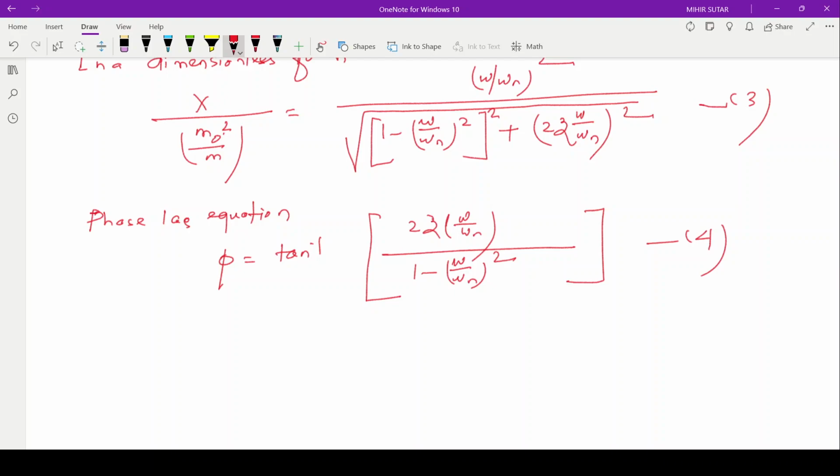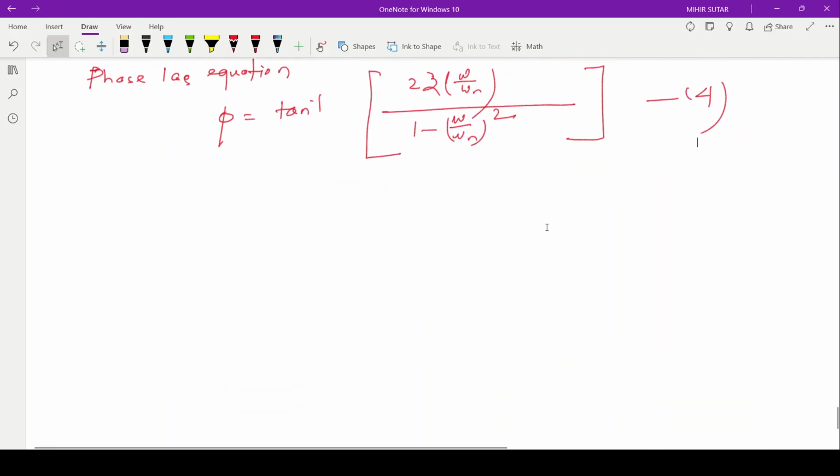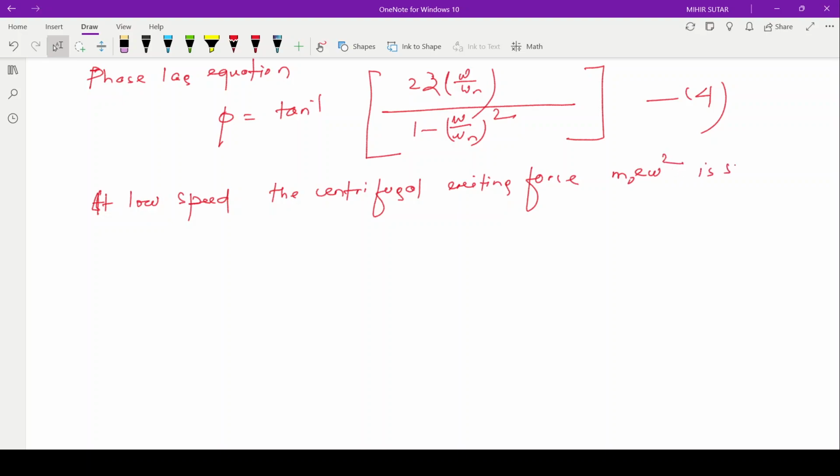At low speed, the centrifugal exciting force m0 e omega square is small, and therefore the response curve starts from 0.